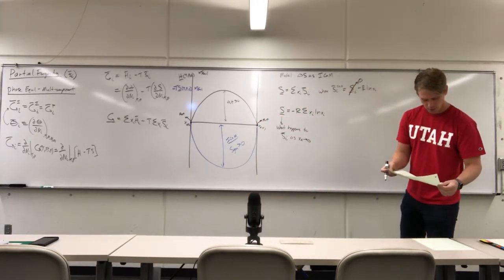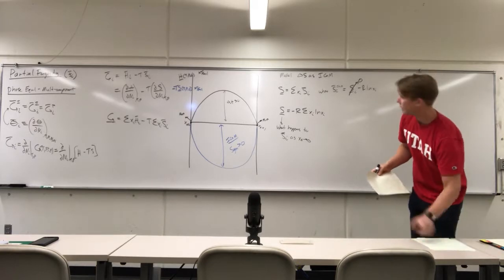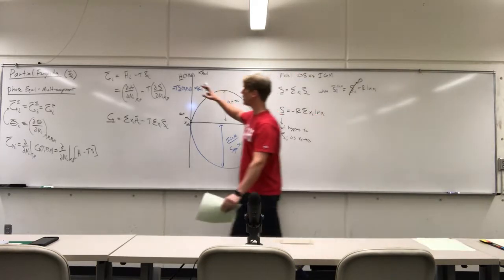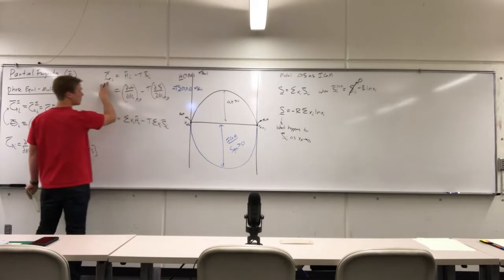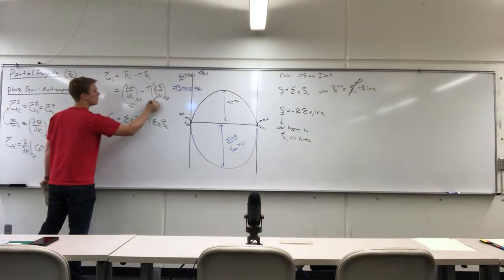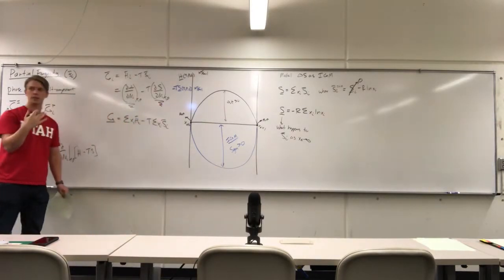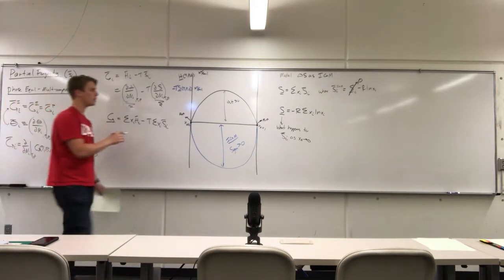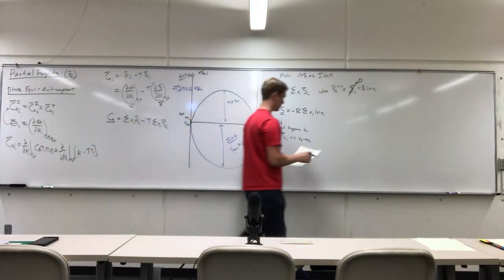Because the most important thing to remember here is that the phase behavior, the partial molar Gibbs, is determined by the relative rates of change of enthalpy and entropy as you change the composition of the system.